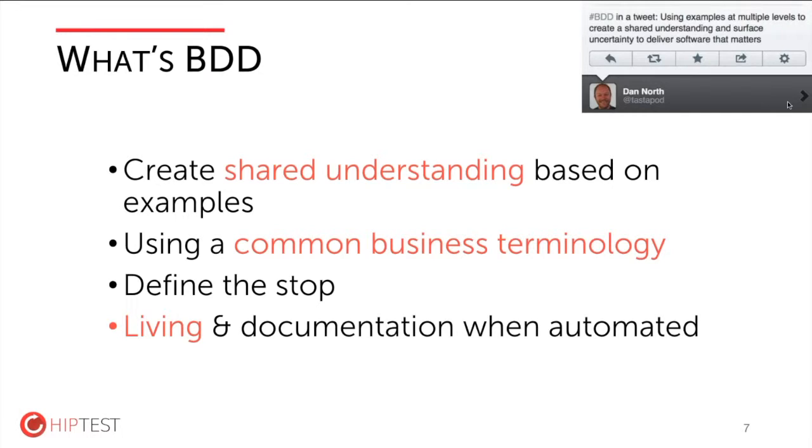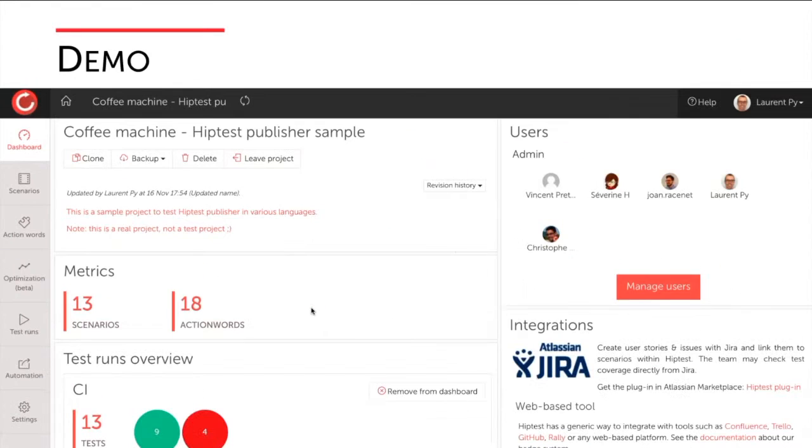And this is what we call the living documentation. So that's a very powerful way of driving your developments. You make sure that you work on things that really matter. You have already discussed all together before starting to invest time and energy in the development. So you minimize waste this way.